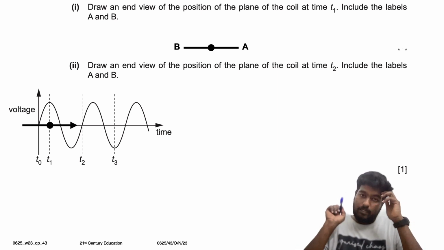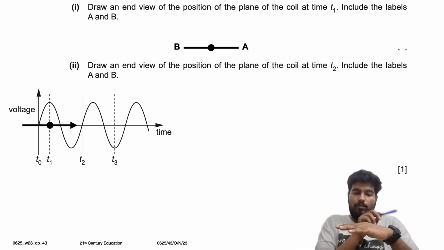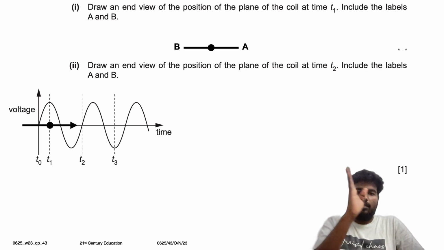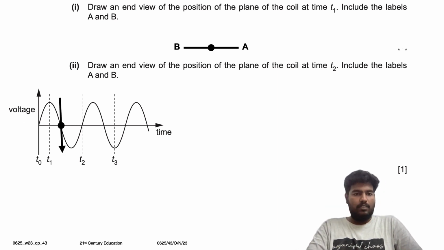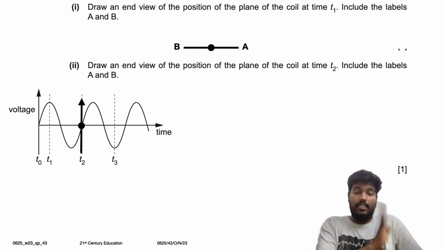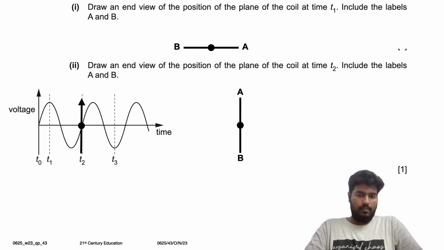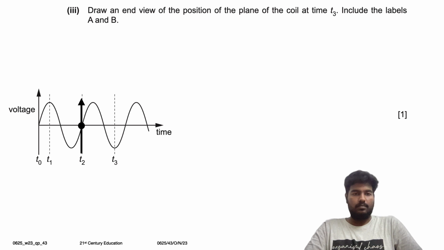That's what was in the first question. Now it cuts parallel. So it will look like this. In this position, it will cut parallel, so the voltage is 0. Okay, let's move to the next question.